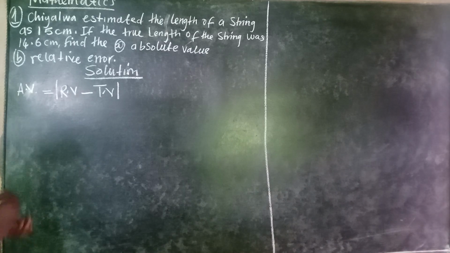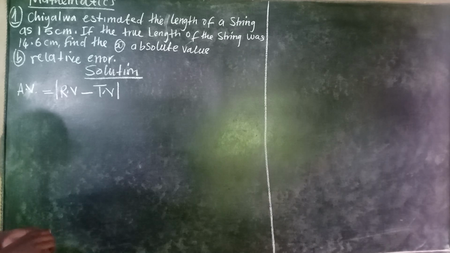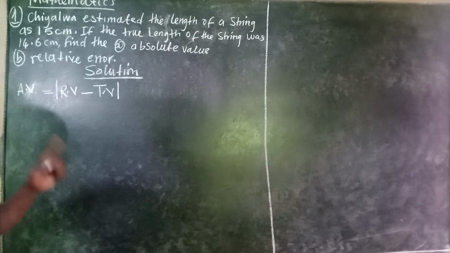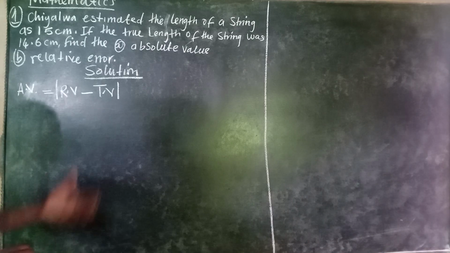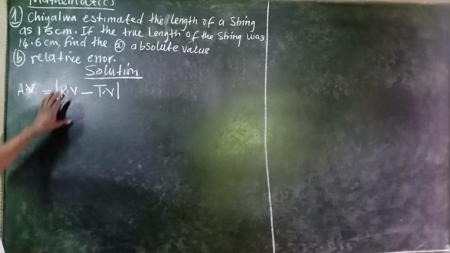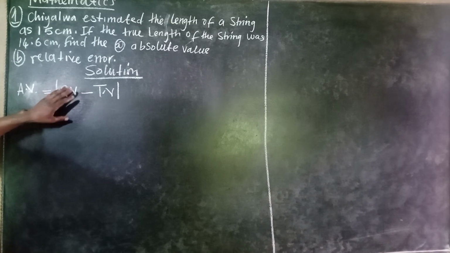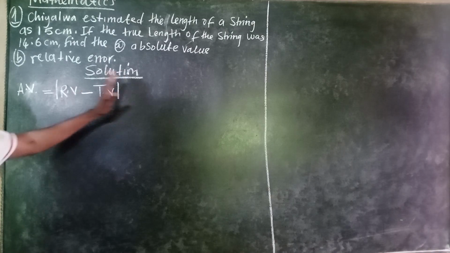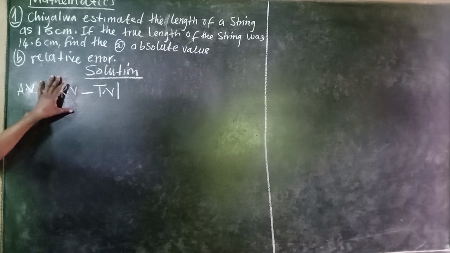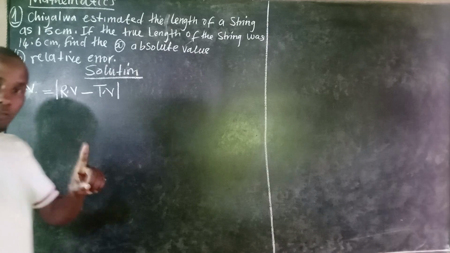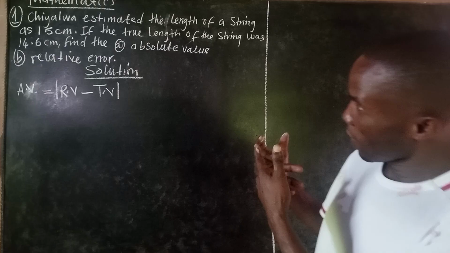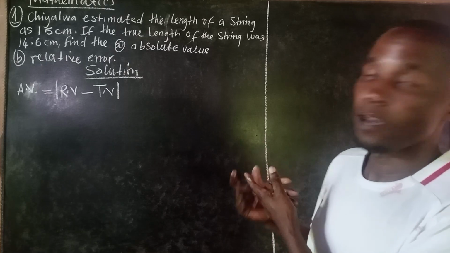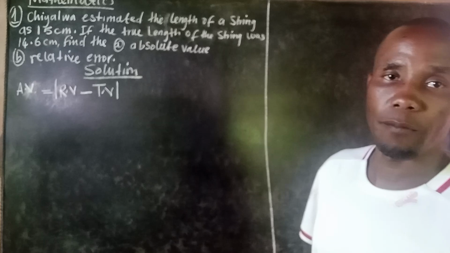So for you to find absolute value here, it's very simple, because you are given the recorded value and the true value. Okay, so now before I start substituting here, there's something that I want you to understand. These brackets called absolute, when you see them, the good part of them is that even if the answer that you are going to get there is negative, that one will become positive.